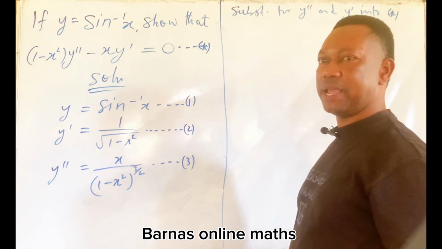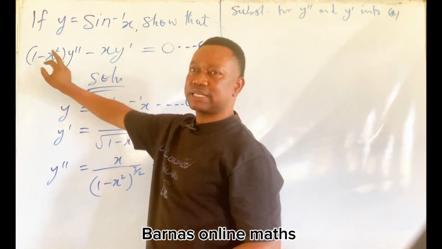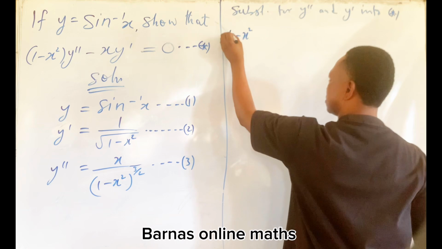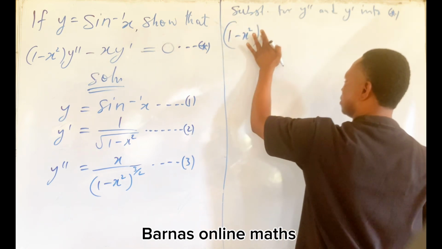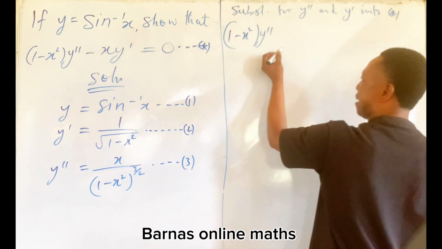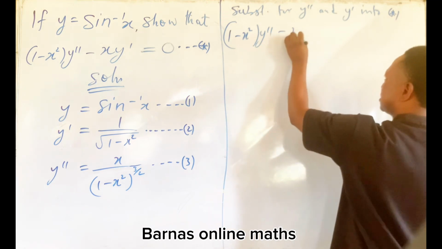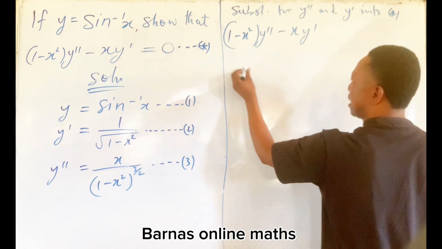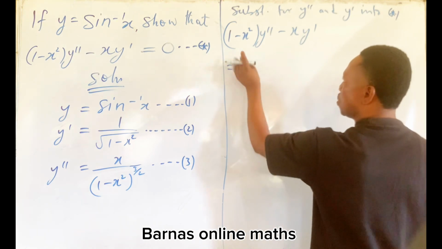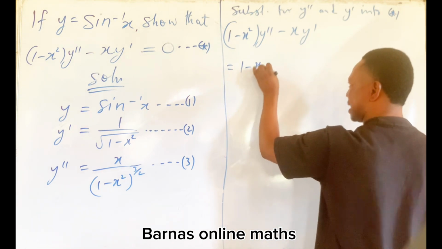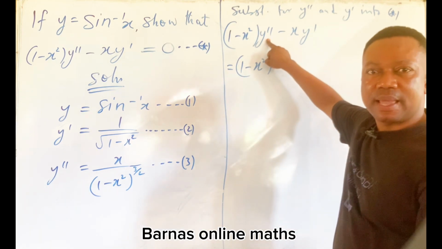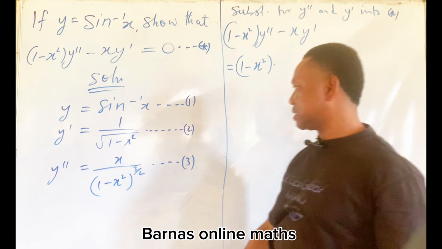So this is going to be, we have 1 minus x squared, all multiplied by y prime prime, minus x y prime, will be equal to 1 minus x squared times, do we know y prime prime? Yes, y prime prime is said to be this.